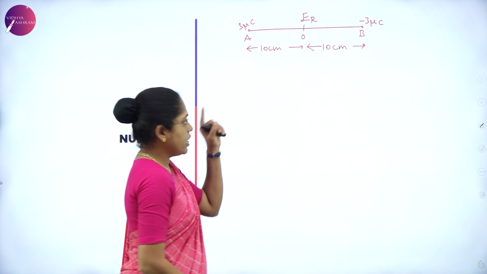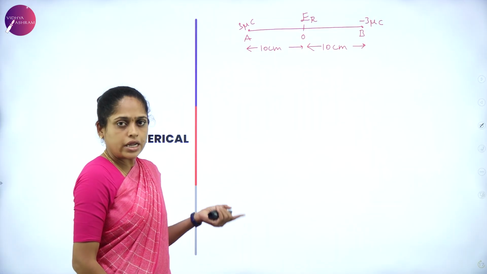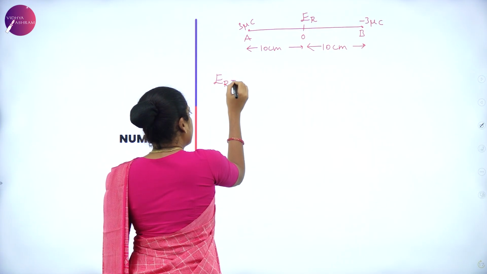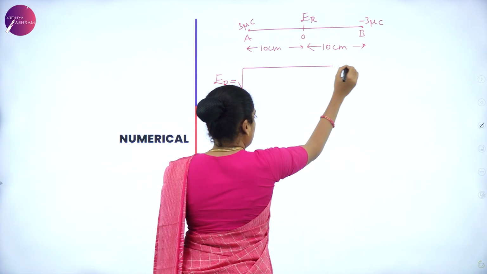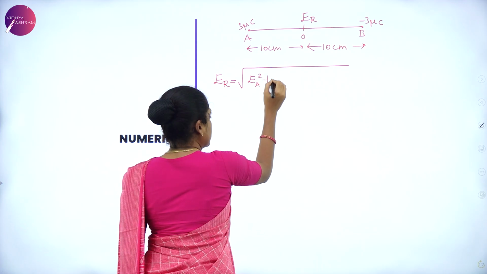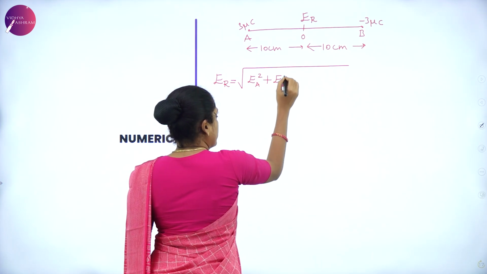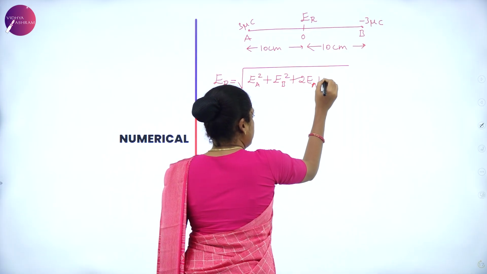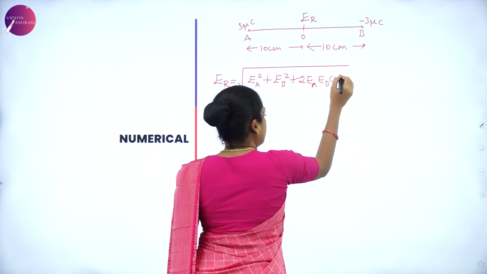Now, to find the resultant electric field, what is the formula? Resultant electric field is equal to root of EA square plus EB square plus 2EA EB cos theta.